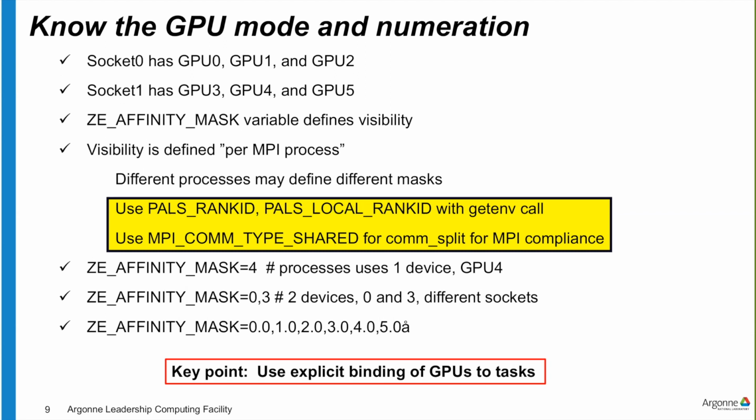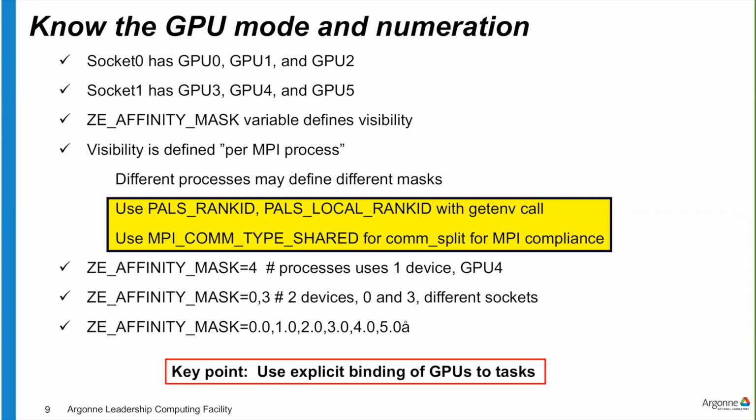Like in this example, the affinity mask equal 4 means that GPU 4 will be accessible to the MPI process. If you use the affinity mask as 0,3, that means that this MPI process will see two devices, device 0 and device 3. And these both devices belong to different sockets. So you need to be aware of how to access those devices, which might have very different IDs in your program according to the programming model you've been using.